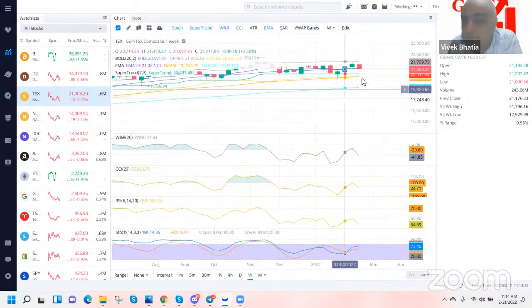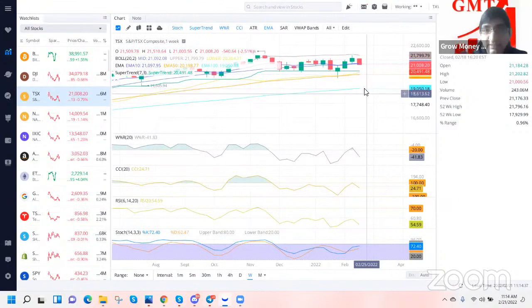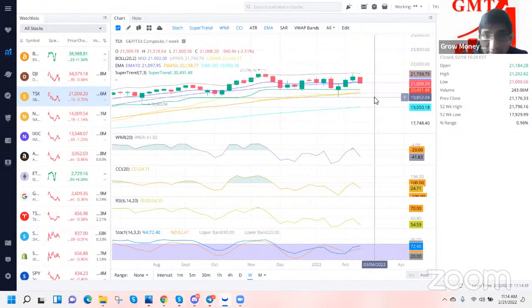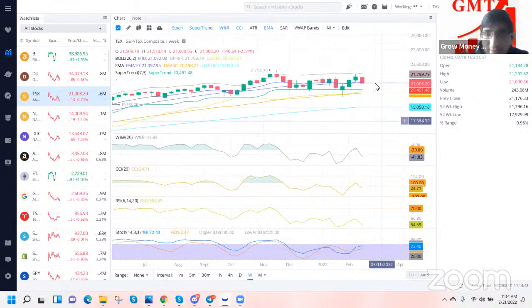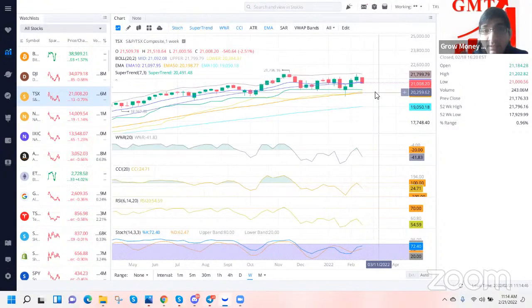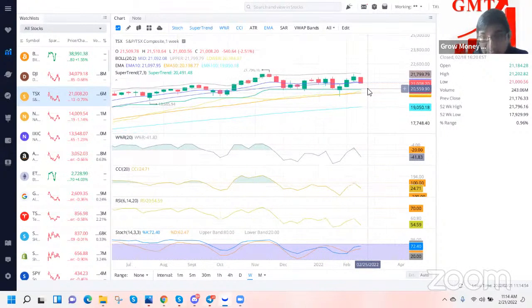Yes, weekly chart. Even on the weekly chart, it has dropped below the mid Bollinger Band, and it's a clear red Marubozu. So a drop on TSX in the coming week, at least from the indicators, is clear on the weekly chart.